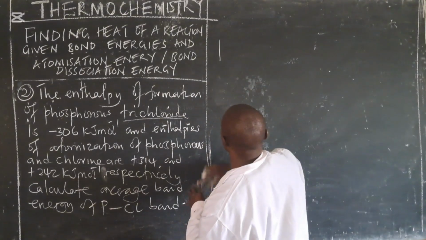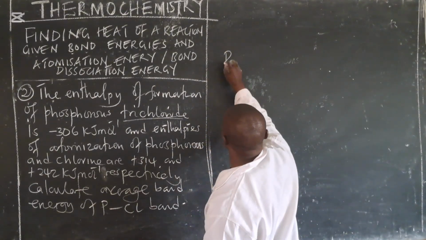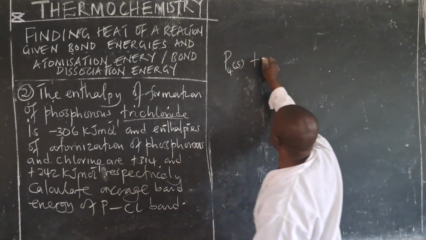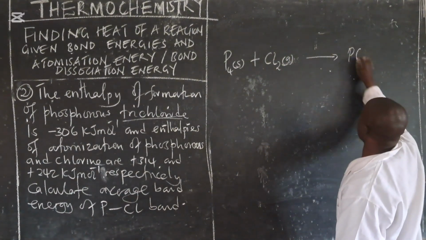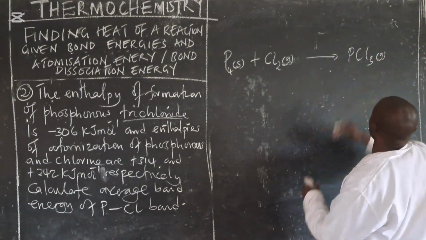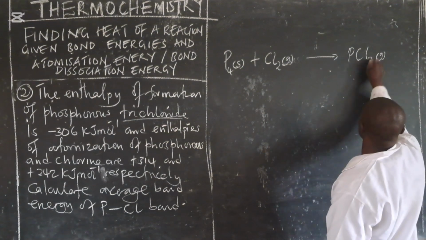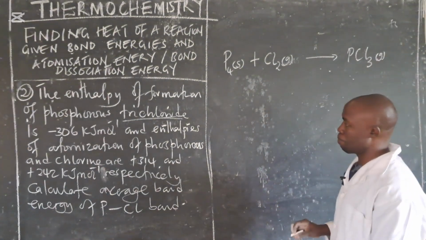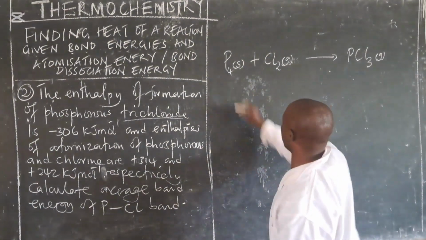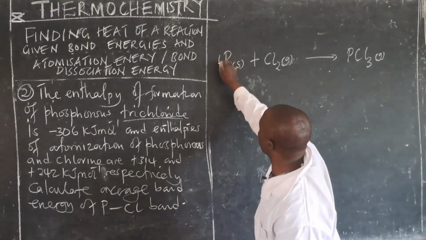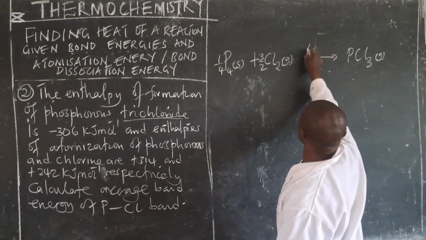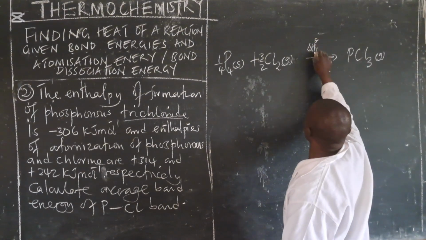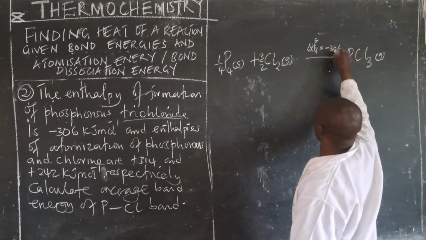So phosphorus trichloride comes from phosphorus, which is a solid, plus chlorine, giving us PCl3. So let's balance this. Here I have 1 phosphorus, put a quarter P4. For this put 3 out of 2 Cl2. This is the formation value, which is negative 306 here.